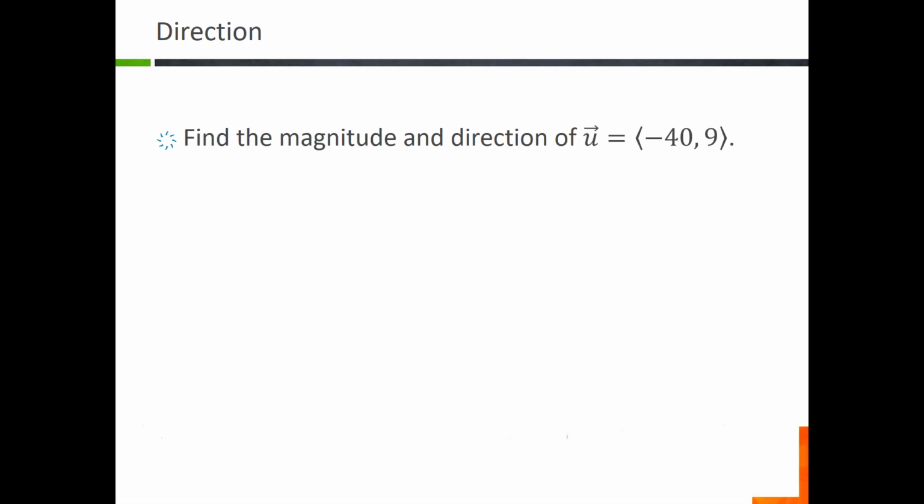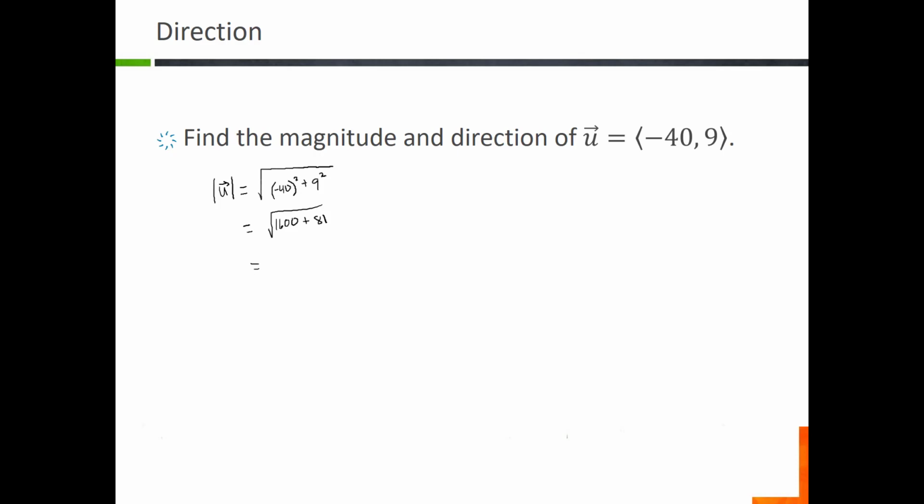Remember, magnitude, our notation makes it look like an absolute value, and it is equal to the square root of a squared plus b squared. So that's going to be negative 40 squared plus 9 squared. 40 squared is going to be 1600, plus 9 squared, which is 81.